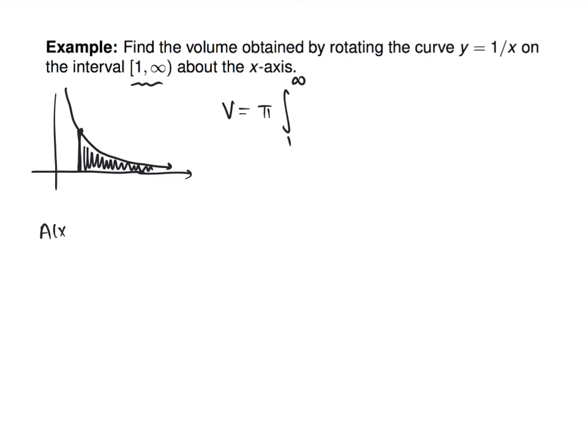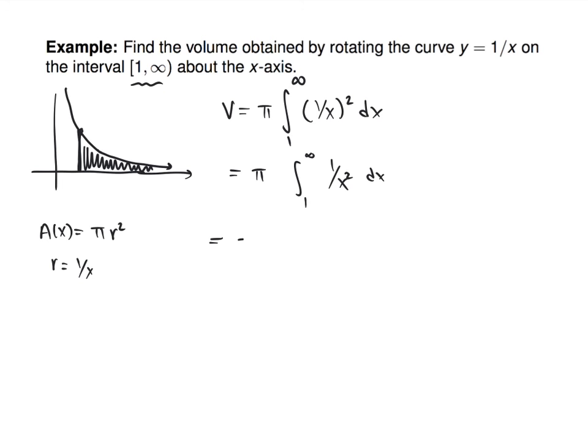So the area of a cross section will be pi r squared. What is my r in this case? 1 over x. So 1 over x, the quantity squared. So that makes 1 over x squared. So pi integral 1 to infinity 1 over x squared dx. And yes, you do have to do a limit thing with this.